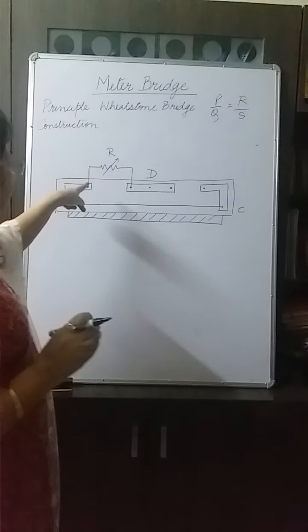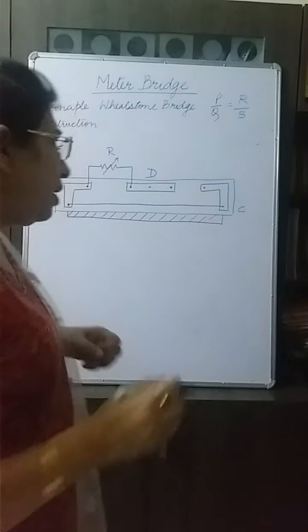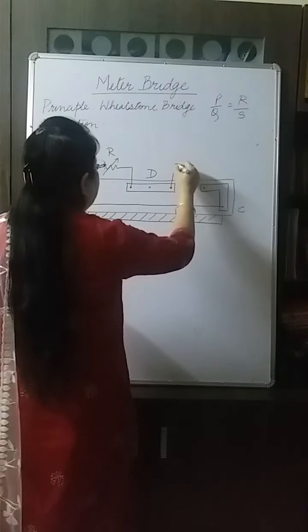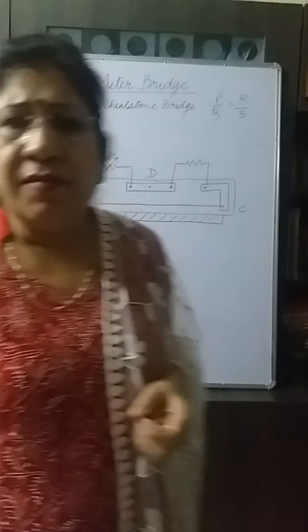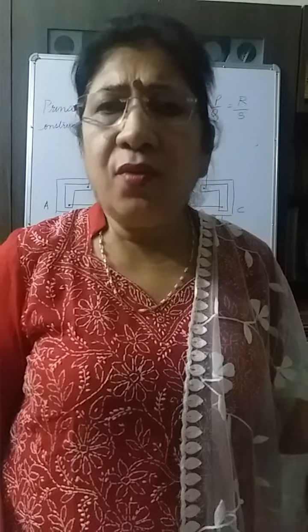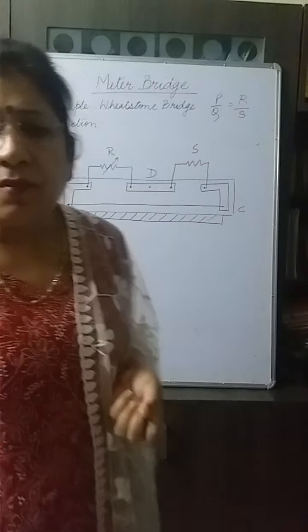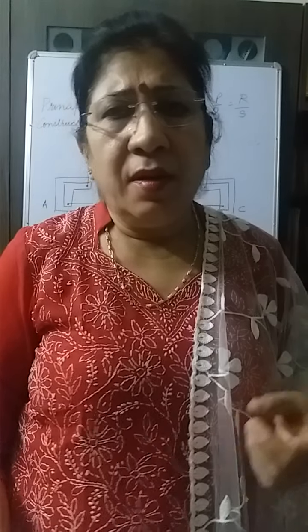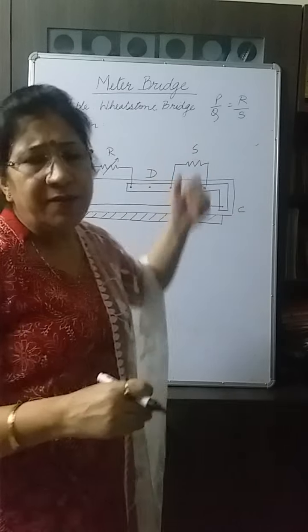So here in the left hand side gap, we have fixed the variable resistor R. And in the right hand side gap, we fix the unknown resistance S. It can be any wire. This is the resistor or the wire that has been fixed, whose value is to be found.